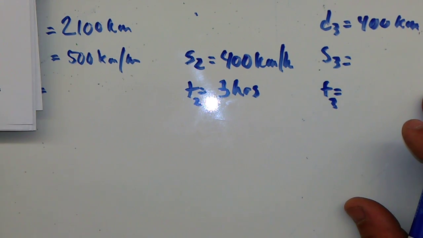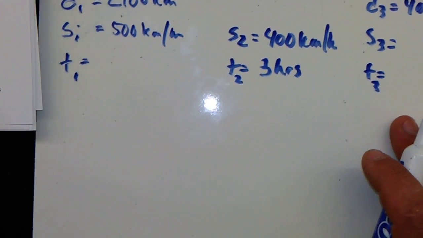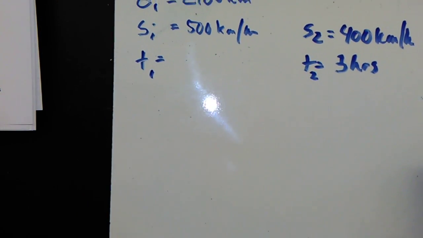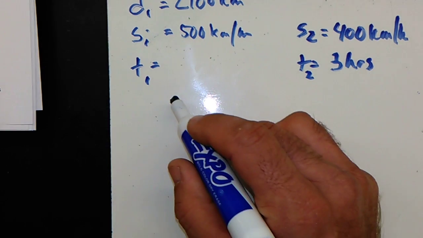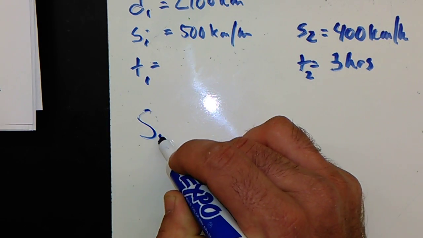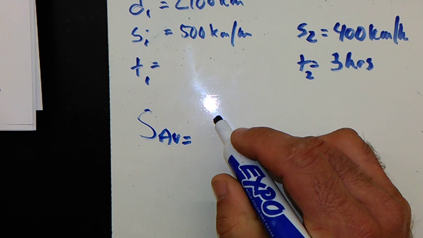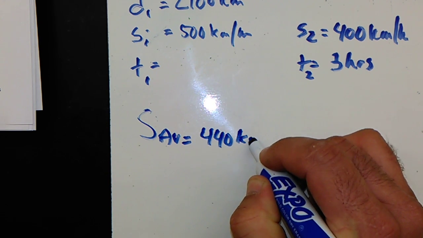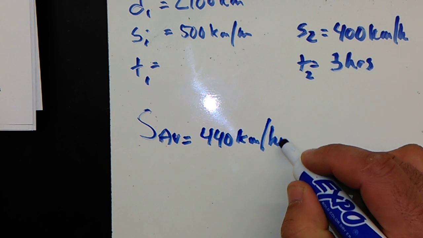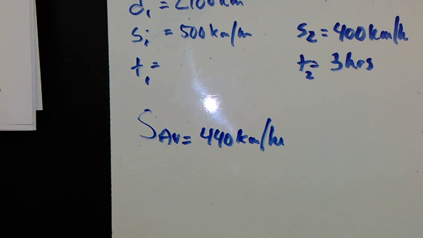So you've got a little issue here. But it does give you the average speed of the trip. It says the average speed of the entire trip is 440. So we have that information.